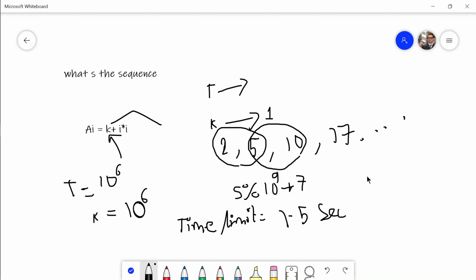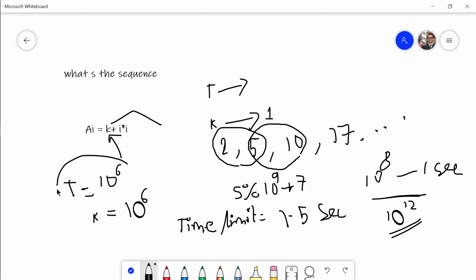Since we know that 10 to the power 8 operations can be performed in 1 second, and in the problem the time limit is 1.5 seconds, if we use the unitary method, we can evaluate the corresponding operations. So it comes out to be about 10 to the power 12 operations.